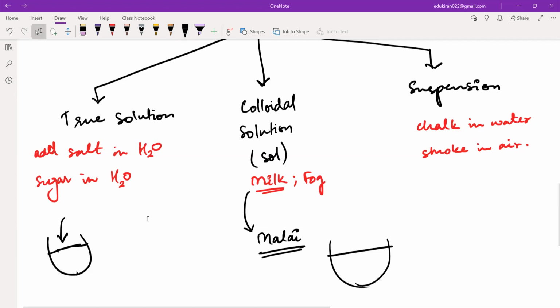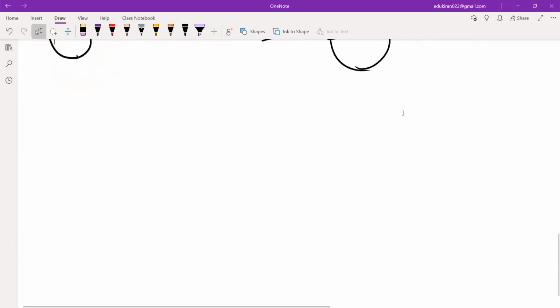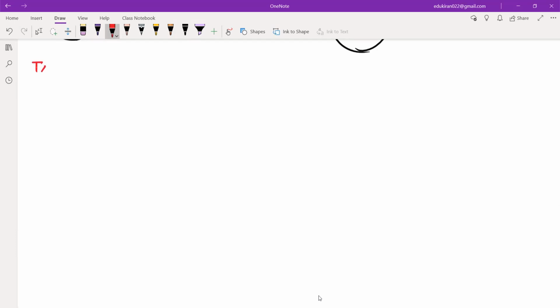Now let us write some more differences between a true solution, a colloid, and a suspension. So here we'll have true solution. Then we'll have sol or colloid. And after that, we'll have suspension.